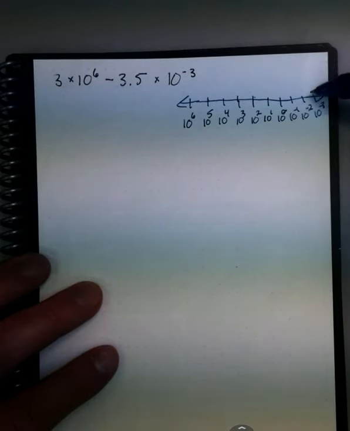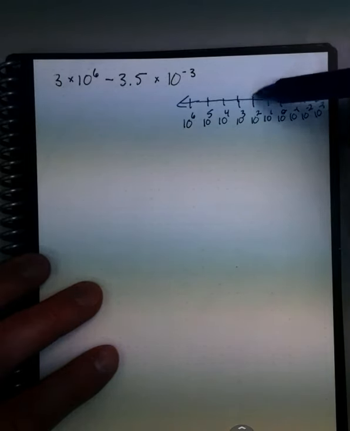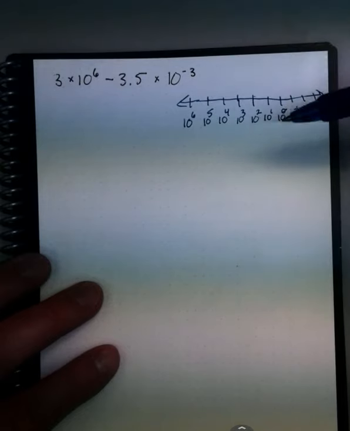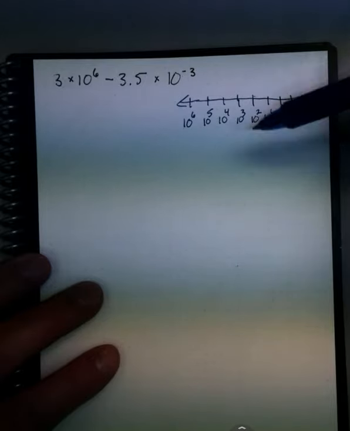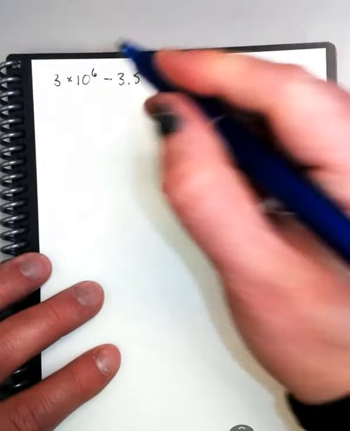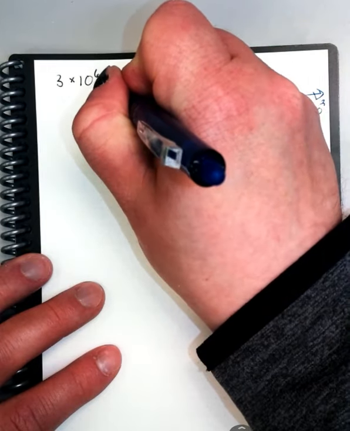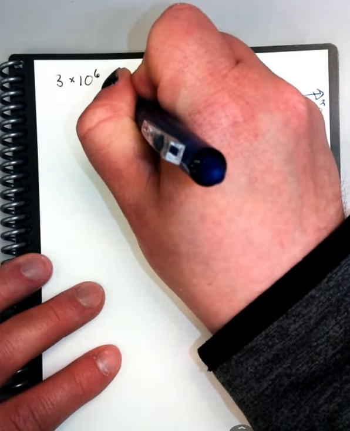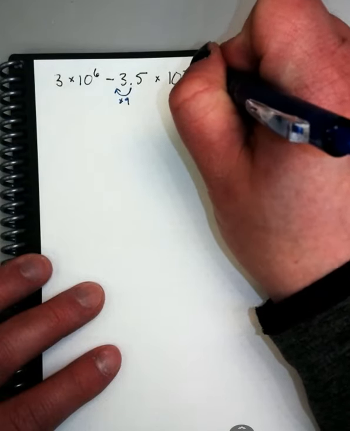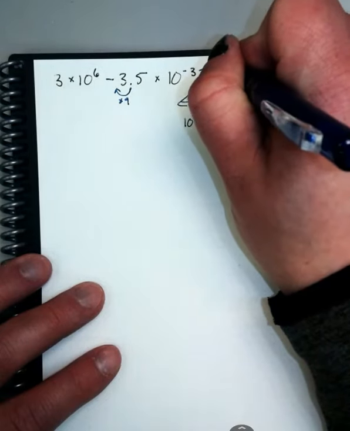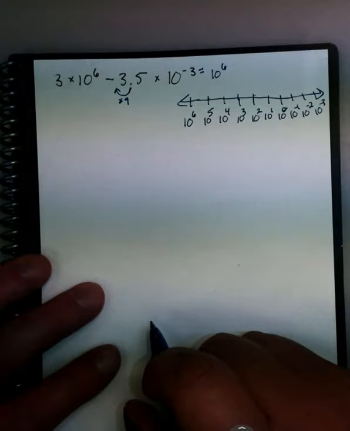In this case, we would have to move 1, 2, 3, 4, 5, 6, 7, 8, 9 decimal places in order for our decimal points to line up. And that is moving this decimal point here 9 times to make this equal to 10 to the 6th power.